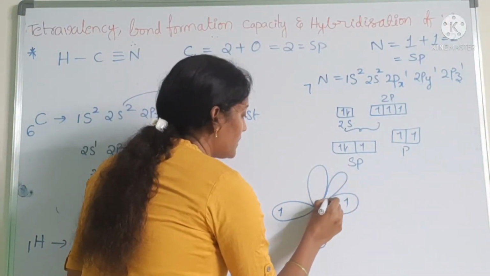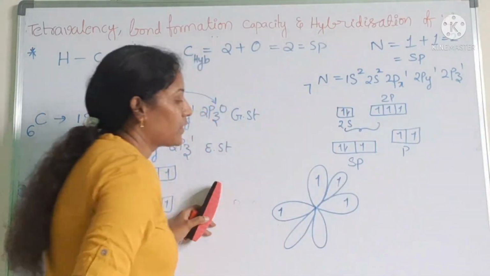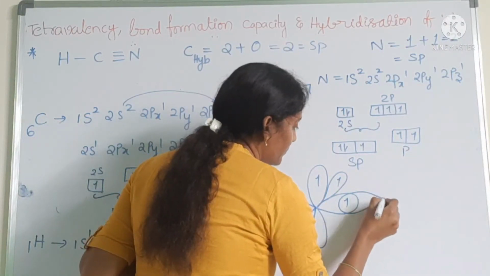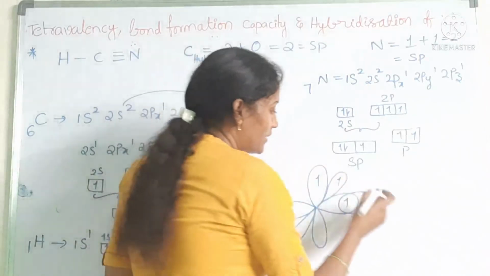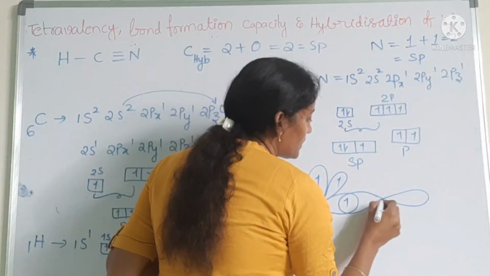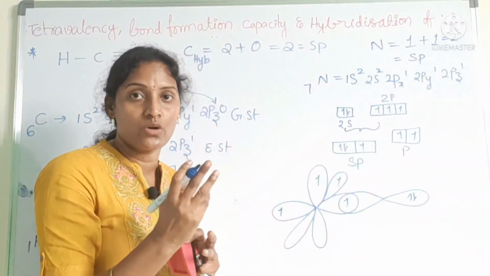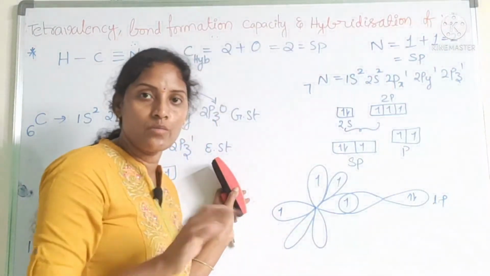This is another unhybridized orbital from carbon. Okay, coming to nitrogen, this is a hybridized orbital from nitrogen. This is another hybridized orbital from nitrogen. That one possesses 2 electrons, which means this is the lone pair, not involved in any bond formation.